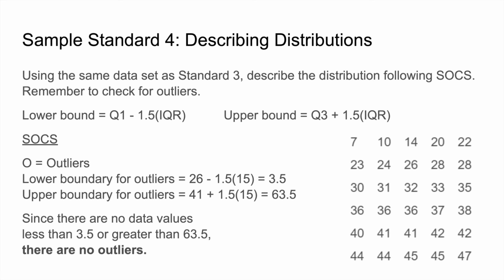If there are any numbers greater than the upper boundary, then they are outliers. However, when we look at the original data set, there are no numbers less than 3.5 or greater than 63.5. So there are no outliers. If there were numbers that went beyond those boundaries, we would just say, this number is an outlier. That's all you'd have to say. Just identify the number.